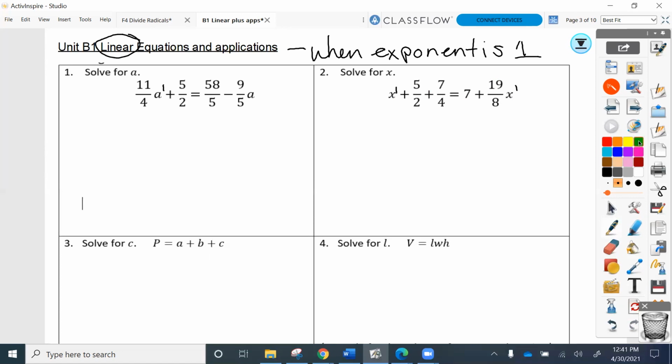Okay, so there's a great shortcut to solving problems with fractions, and that is to multiply everything in the problem, both sides of the equation, by the LCD. The LCD is the number that 4, 2, and 5 can all go into evenly, and that would be 20.